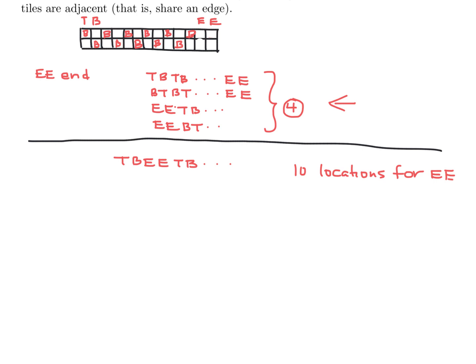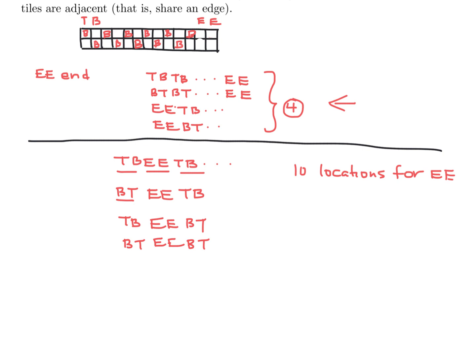What would happen is you'd have two blocks on either side, and each block has two ways of being made. Let me explain. For example, that could also be made as BT TB. You see what I'm saying? Or you could have EE and then TB and BT, or EE, BT and BT, like that.